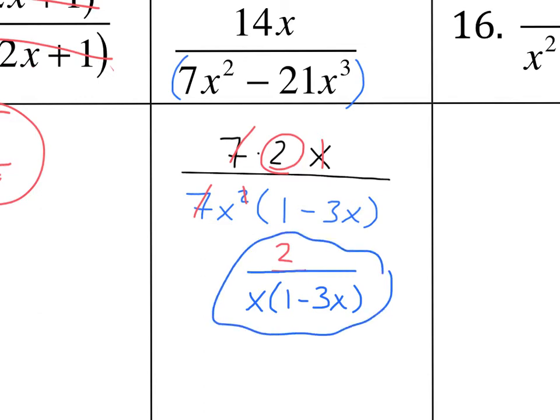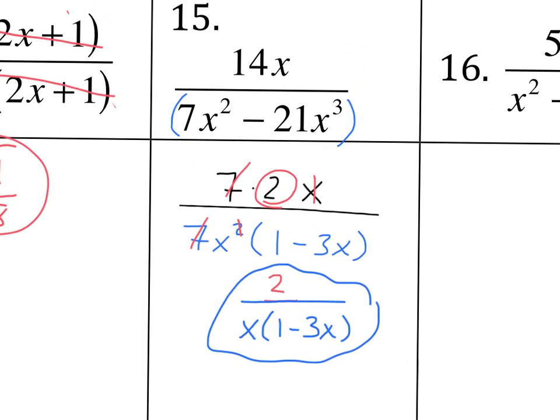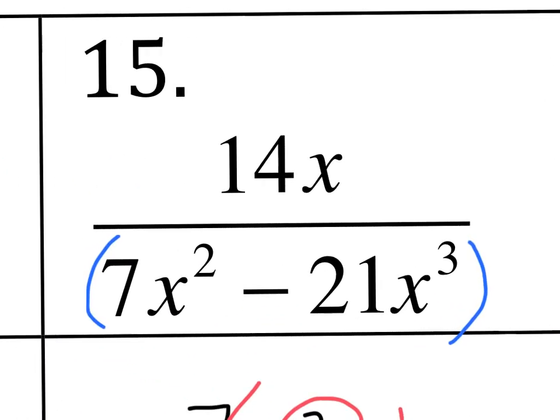Now, alternatively, if I chose not to factor first, I could have done another method from the beginning. If I just start here, I say, oh, look, there's a 7 everywhere. Divide this by 7 to get a 2. Divide this by 7 to get a 1. Divide this by 7 to get a 3. So each term gets divided by 7. What else? This divides by x to give me a 1. This divides by x with an exponent of 1.